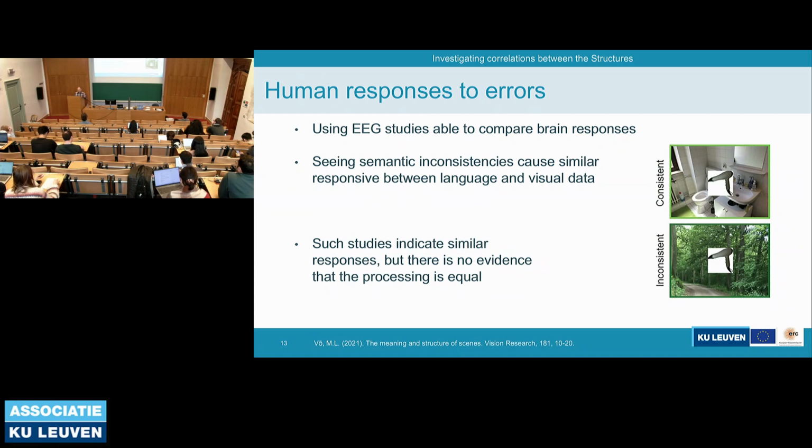And another motivation for that is that from these EEG studies, they found that there's a similar brain response when looking at inconsistencies, these syntactic and semantic inconsistencies in these types of data. So if you see a semantic error in your sentence, or a semantic error here in an image where you see the hairdryer in a forest, then the brain causes a similar activity in your brain where the processing takes place. And this happens across many more modalities even.